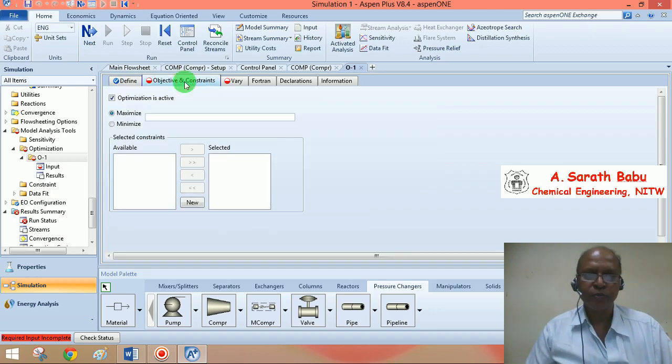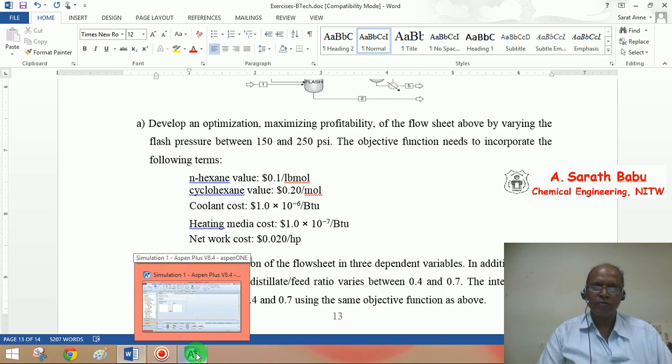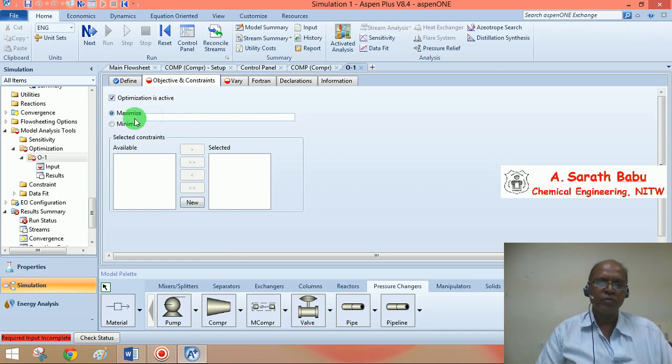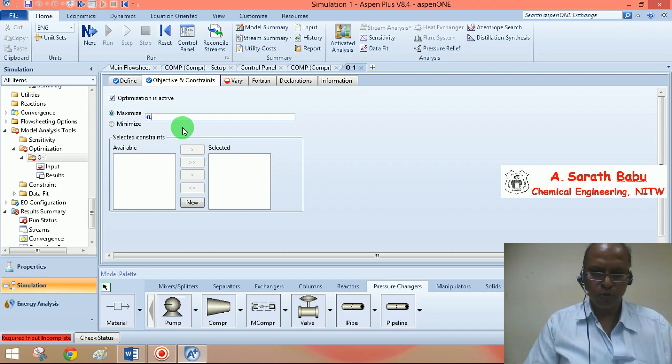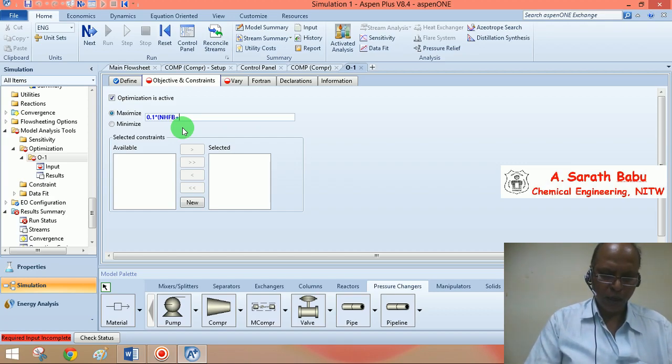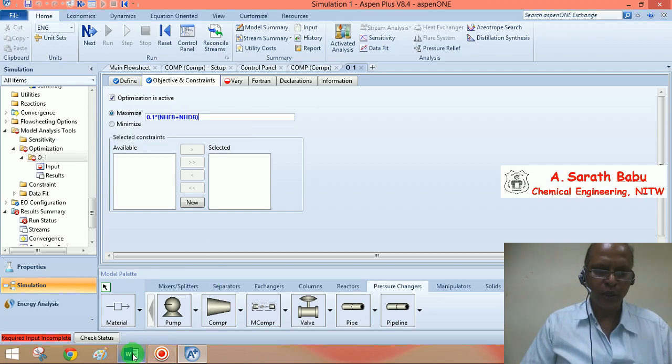So what is the objective function? Let us propose that objective function. Maximize 0.1 star NHFB plus NHDB. So this is the total flow rate of N-hexane coming out from both the products.